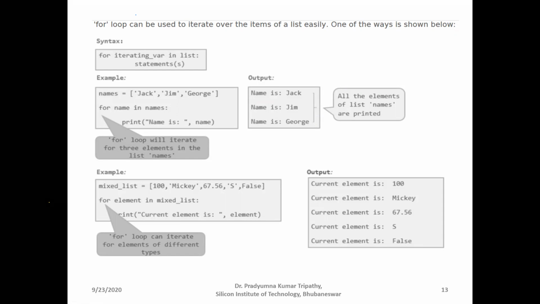How could you print it? I'll write element, comma, type of element. Yes, type of element, so that it will find out what is the data type of the element.